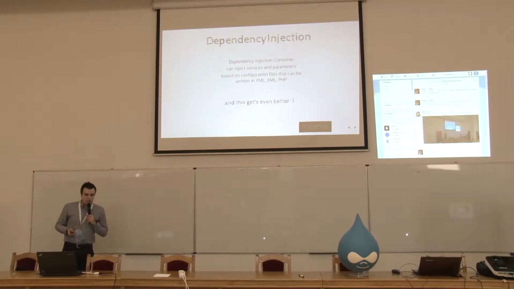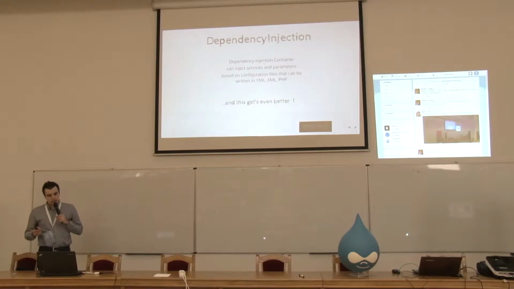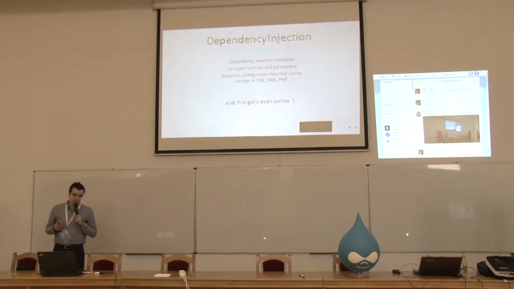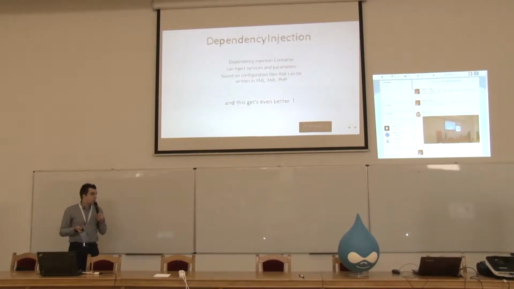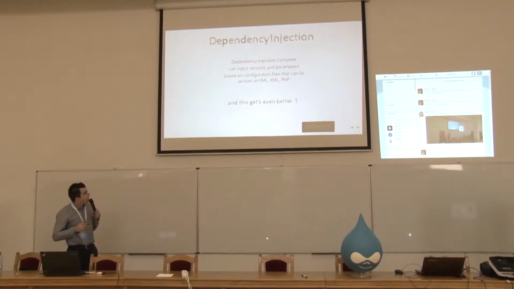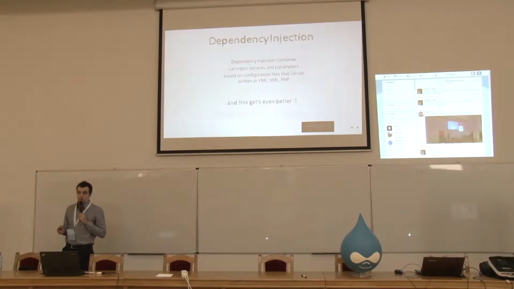As I said, the dependency injection container can inject services and also parameters based on a configuration file, that can be written in YAML, XML, or PHP, whatever you prefer.